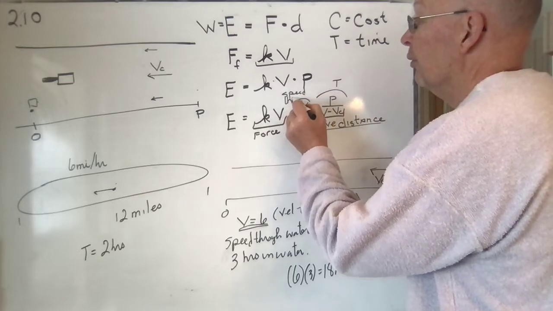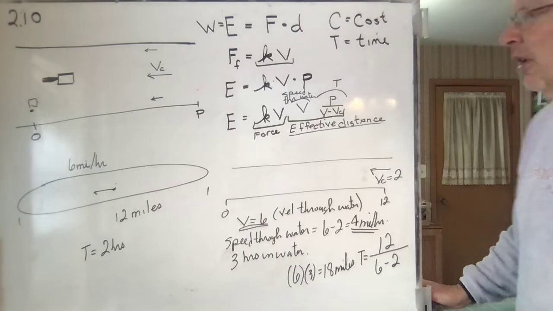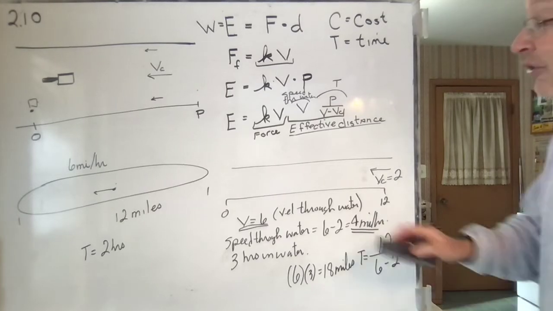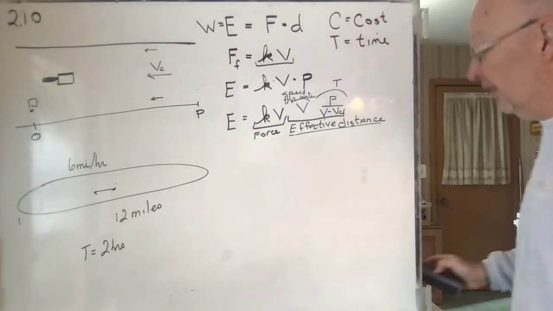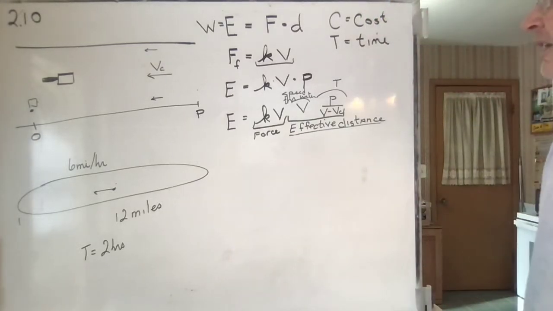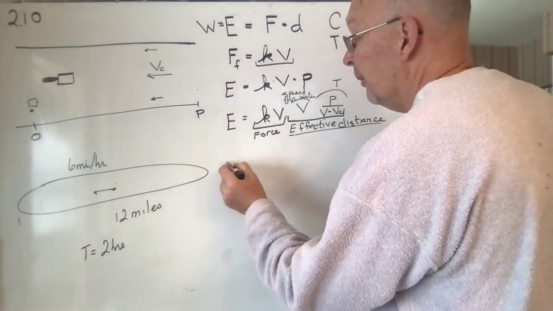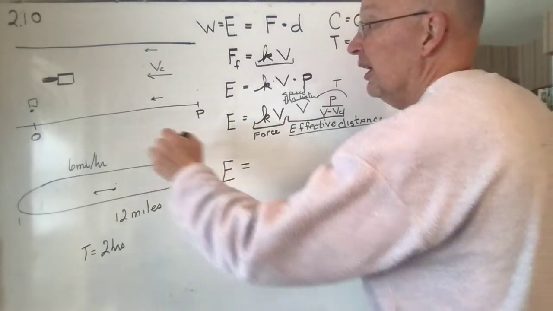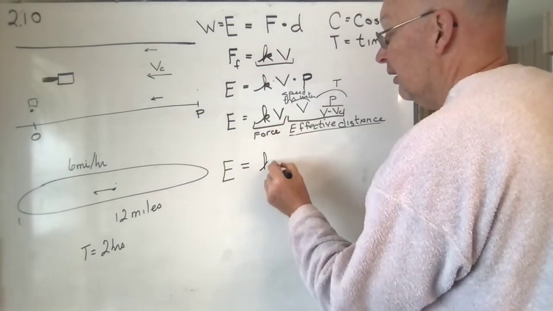Speed through water. Okay, I have to draw kind of small there. Okay, so there you go. That's the hardest part of this problem. Make sure you understand that, because it's a really interesting problem, but you need to understand that point. And so now we've got a formula. The amount of energy it's going to take in order to get from here to here is going to be kV.